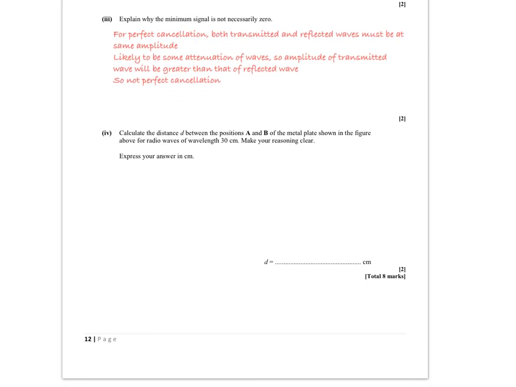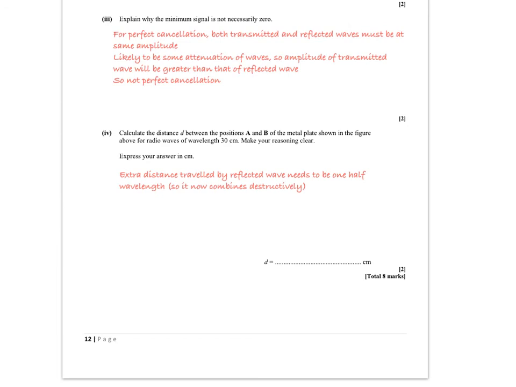And for the last question, we're asked to calculate the distance between the positions A and B of the metal plate for radio waves of 30 centimetres wavelength. Make our reasoning clear. Now, let's think through this stage by stage logically. The extra distance travelled by a reflected wave needs to be half a wavelength, so that we go from constructive to destructive interference.